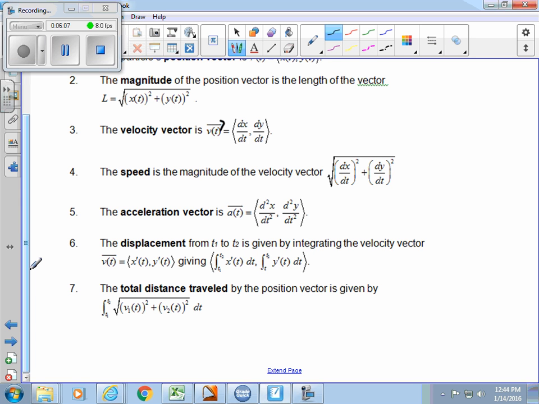I hope you're going, well, duh, right? If you want position and you have velocity, that's how you get there, by doing an integral. They do call it displacement instead of position because it does not take into account the initial starting value, of course, if you just do an integral. It does say the integral from time 1 to time 2, so that would give you displacement.